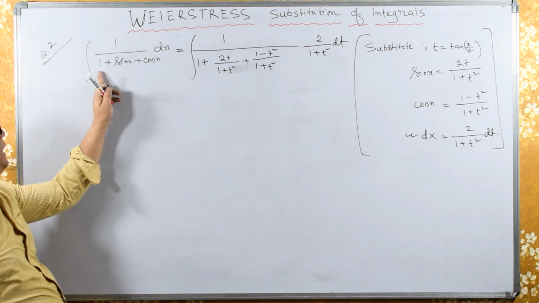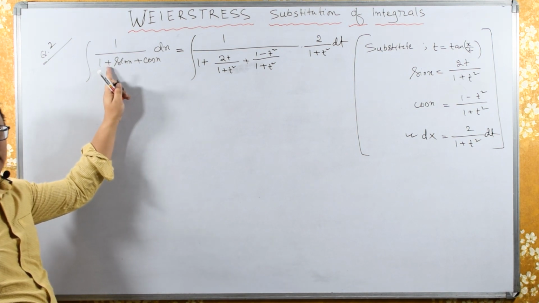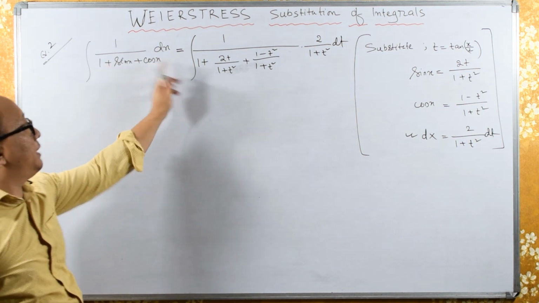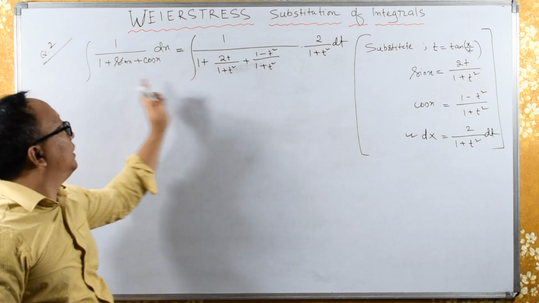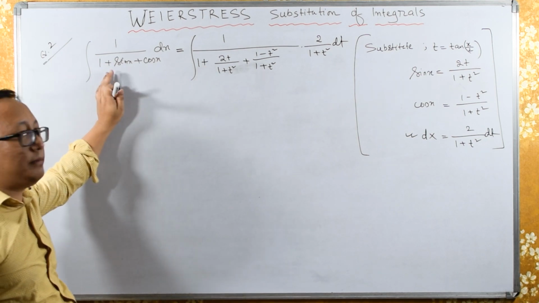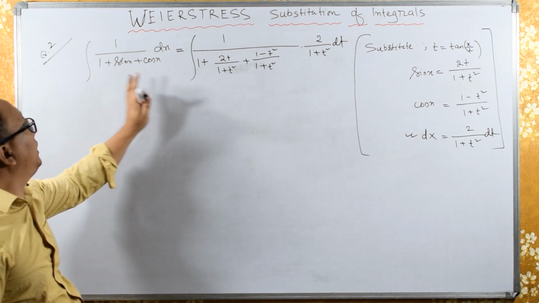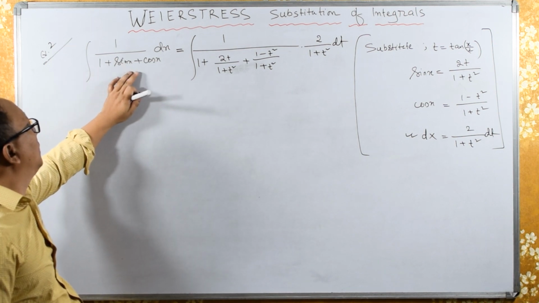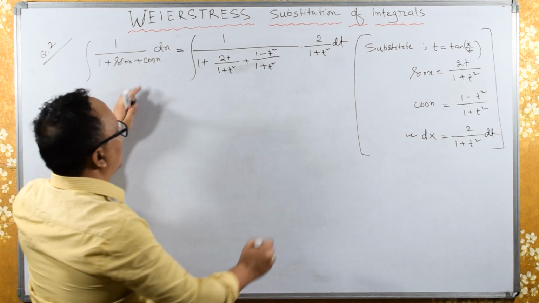In some questions they have written minus instead of plus. If it is minus, same process, you have to put minus here. So I am solving 1 plus sin x plus cos x. Similarly, the same way you can solve 1 minus sin x plus cos x also.